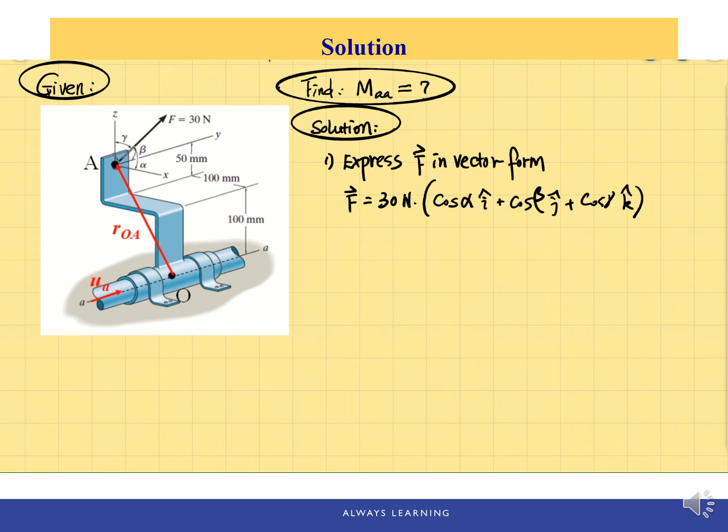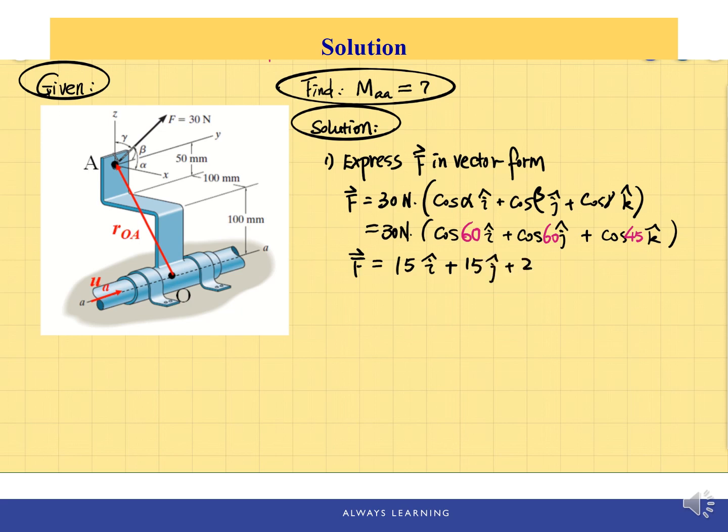And the values are given. Alpha is 60 degrees, beta is 60, and gamma is 45. And the force will be 15 i hat plus 15 j hat plus 21.21 k hat. The unit will be Newton.